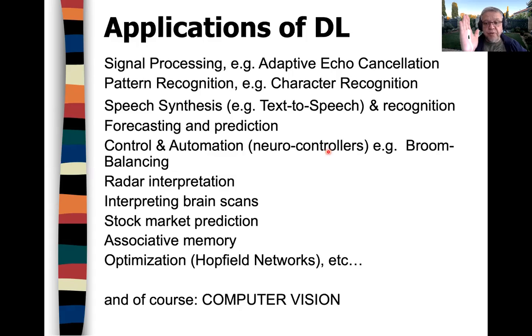Whenever it stays, you are excited, and if it stays straight, then you reward it. So this is reinforcement learning. Also radar, interpretation of brain scans, MRI, stock market prediction, associative memory, optimization, again Hopfield networks, and of course computer vision. And this is our interest.